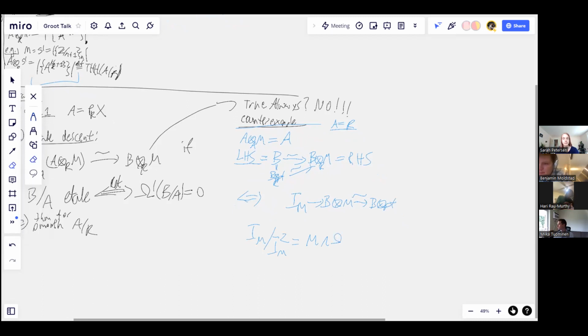This is M smash I_S0 mod I_S0 squared. But what is I_S0 mod I_S0 squared? I_S0 is the kernel of the multiplication map from B tensor B to B. So this is like the I mod I squared that defines differential forms usually. So this is M smash differential one forms of B over A.